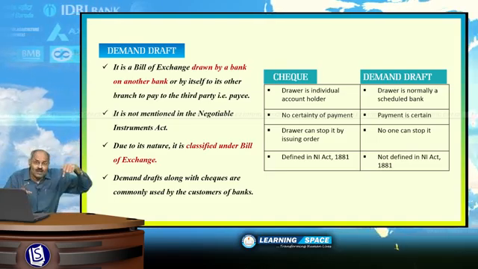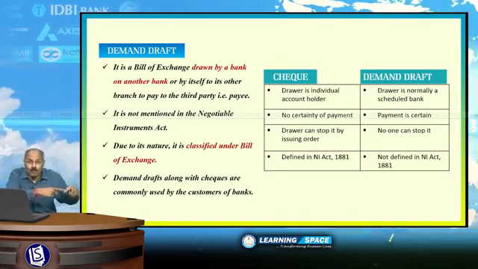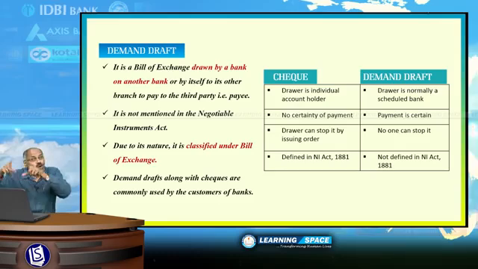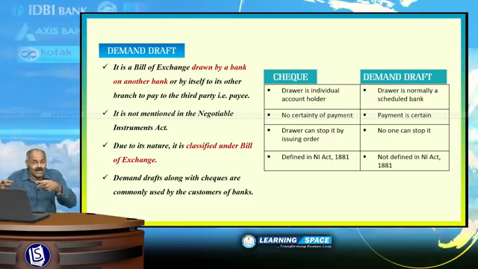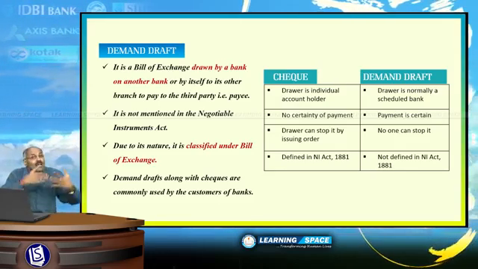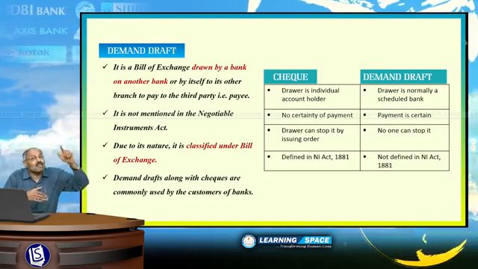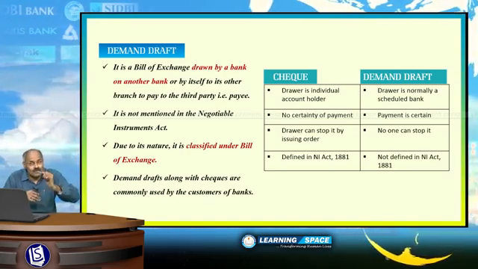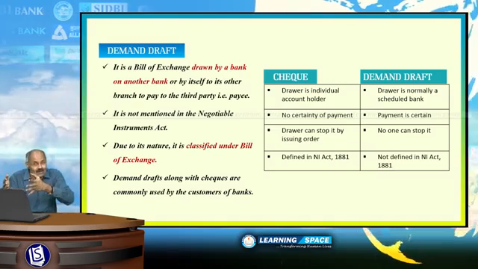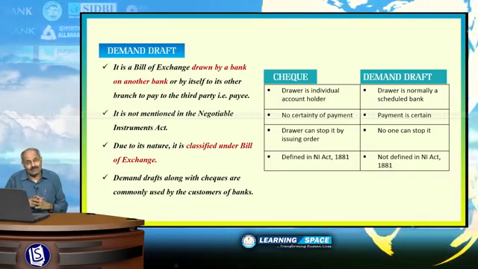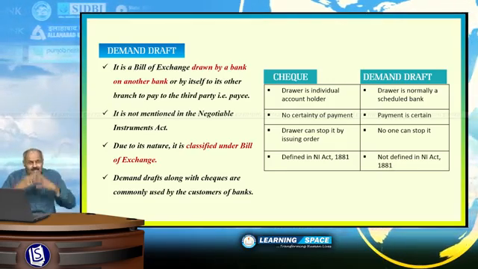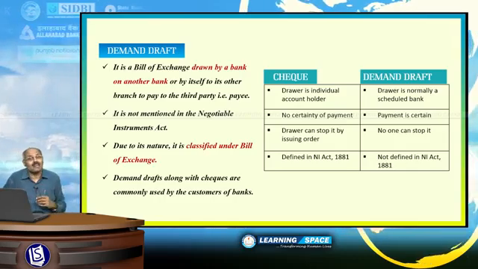And after receiving the check, payment can be stopped, but for a demand draft, no one can stop the payment. And the last one is that under the Negotiable Instrument Act, check is mentioned, but the demand draft is not mentioned, right? So this is about the differences between check and demand draft.